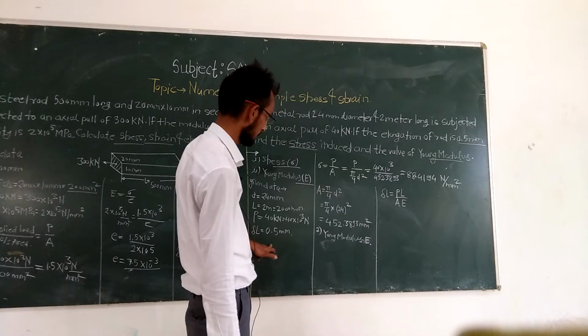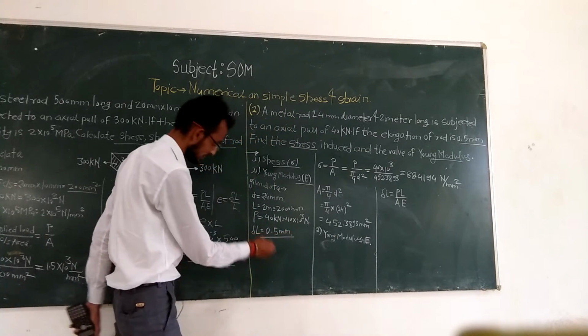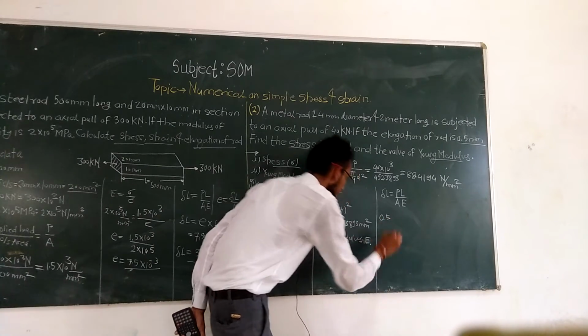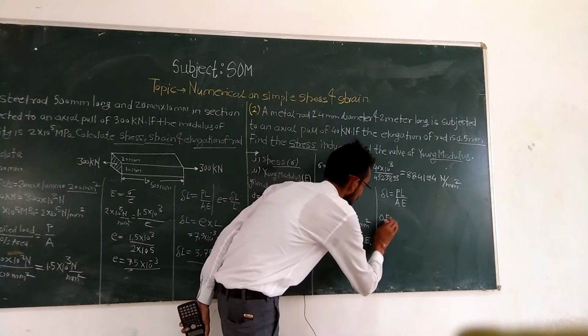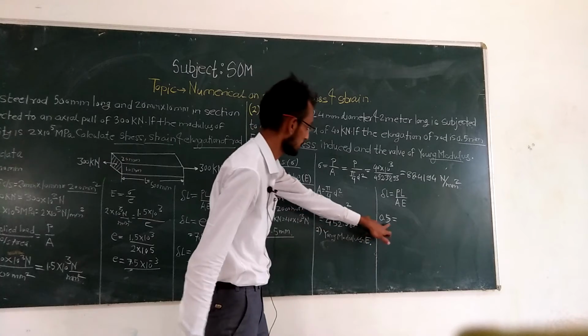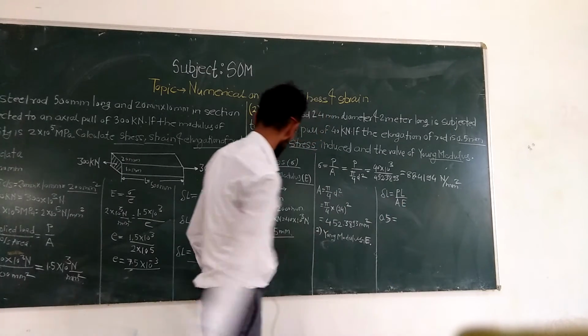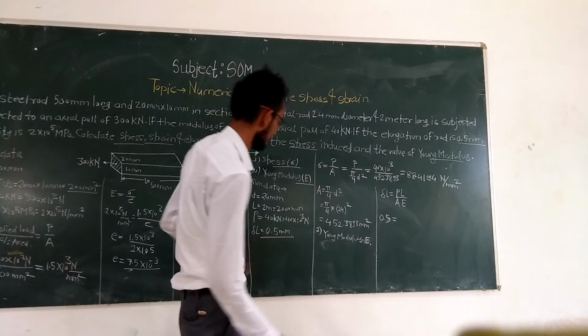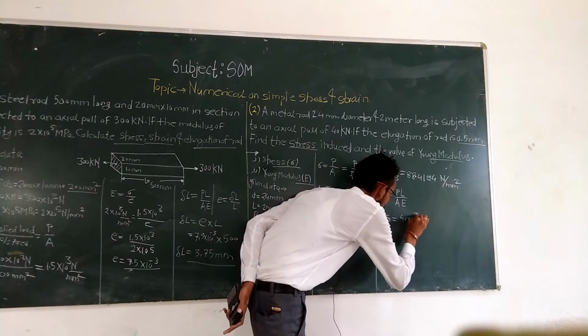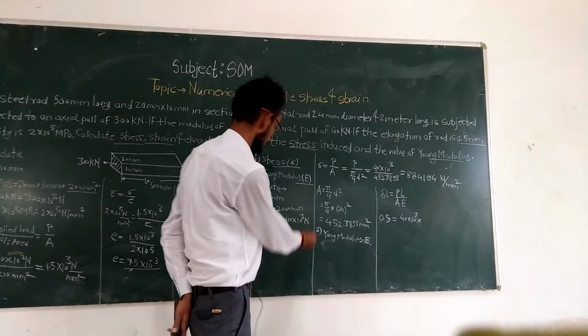Delta L is given as 0.5. P is 40 into 10 raised to 3 Newton.